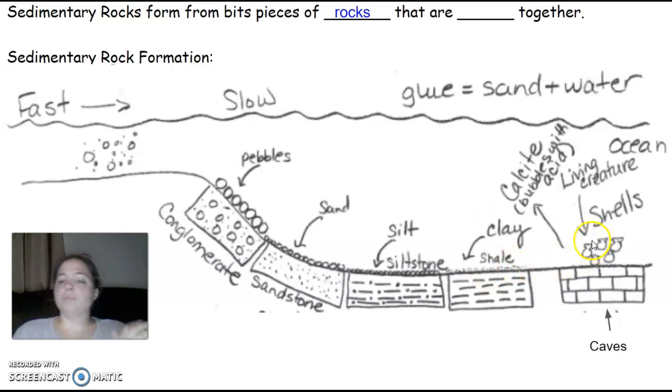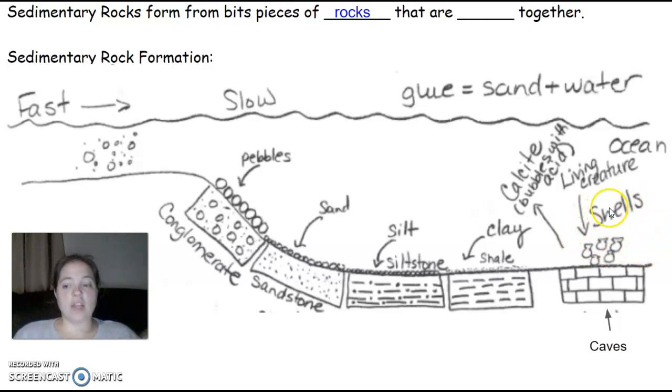Keep that in mind. And then last but not least, you have living creatures. If it was in the ocean, you'd have these living creatures, could be crabs and shrimp and lobsters and stuff like that.